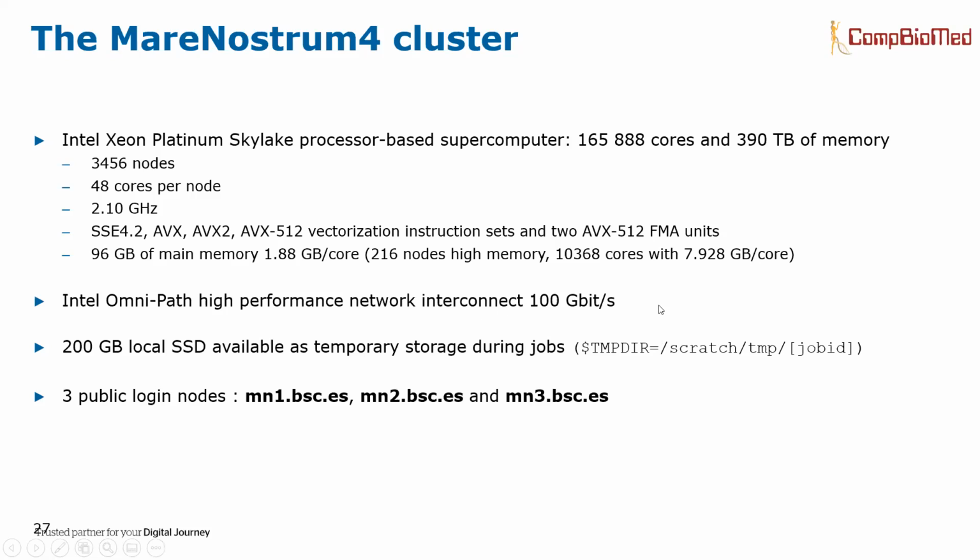When you logged in, you have 3 public login nodes, MN1, MN2, and MN3. There are several hundreds, maybe thousands of users on the supercomputer, so it is important that all the connections are balanced between these 3 login nodes. If in the future you are not able to connect through MN1, maybe you need to try MN2 or MN3, because the users may have completed the quota on MN1.